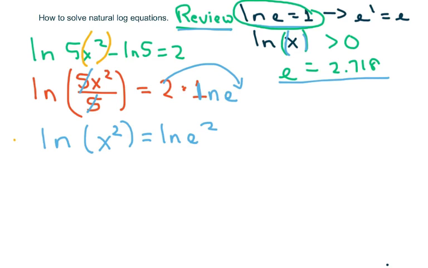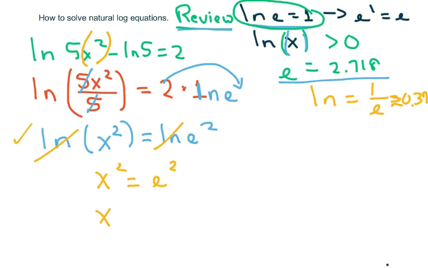So in this case, we're back to here, and we can cross out the ln's. And remember, e to the negative 1 is just 1 over e, which is approximately 0.37. Okay? Now I have to solve for x. So I take the square root of both sides. Don't forget to put the plus and minus.